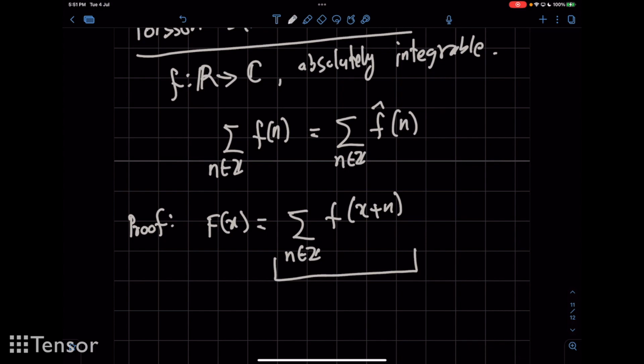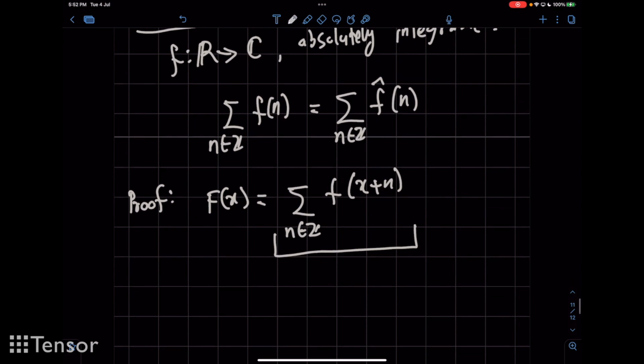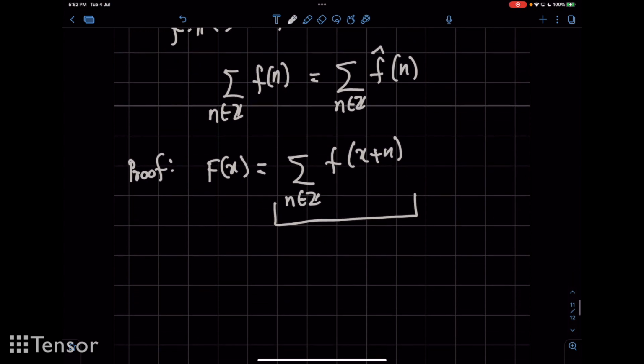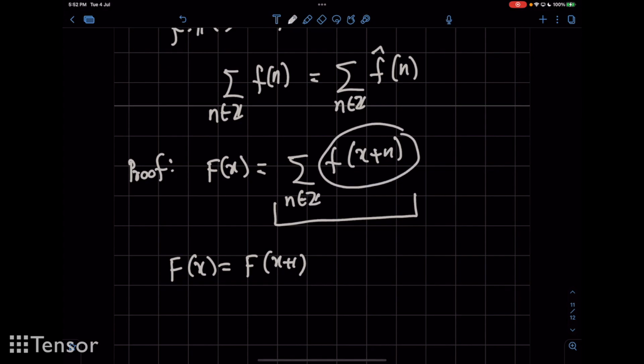And ideally we want to show that capital F is periodic. But saying that capital F is periodic with period 1 is the same as saying that we can rearrange the terms in this sum. Yes, f is absolutely integrable. Exactly.